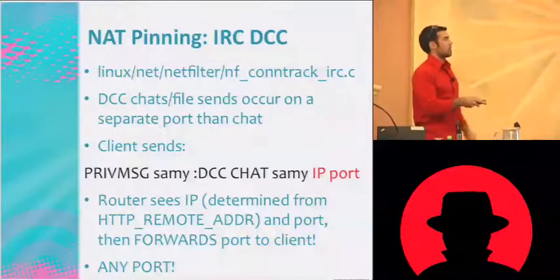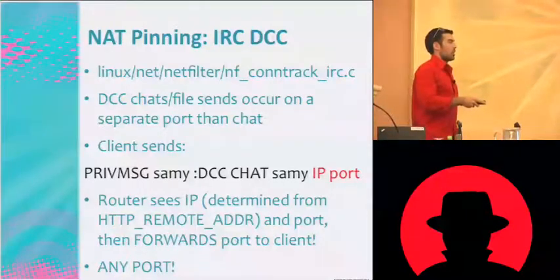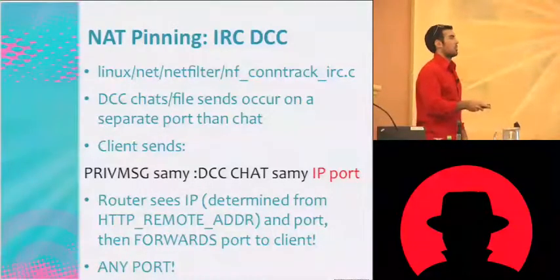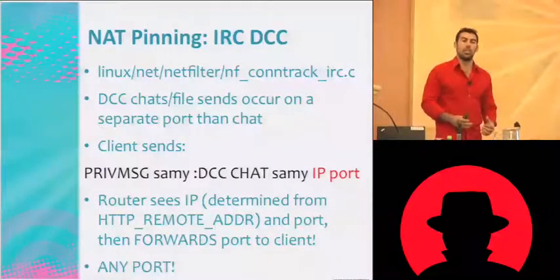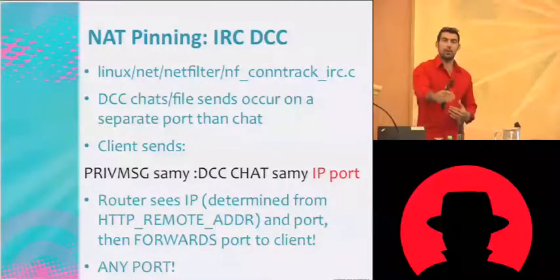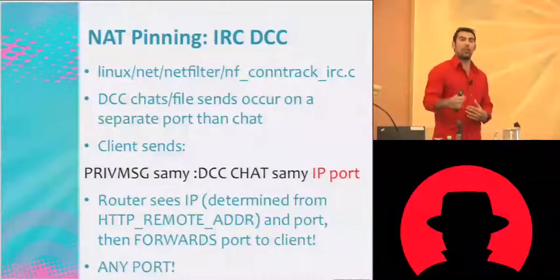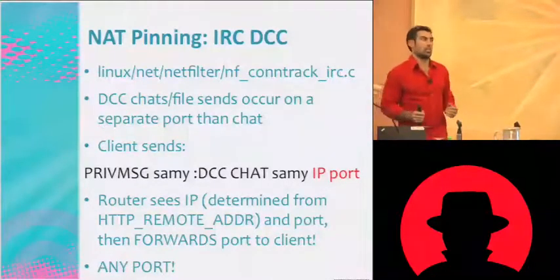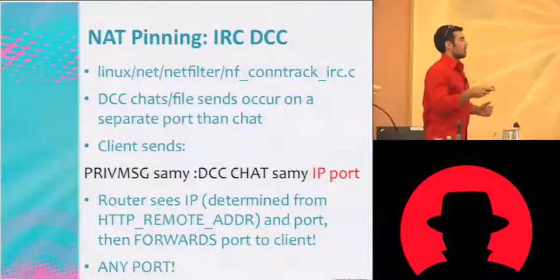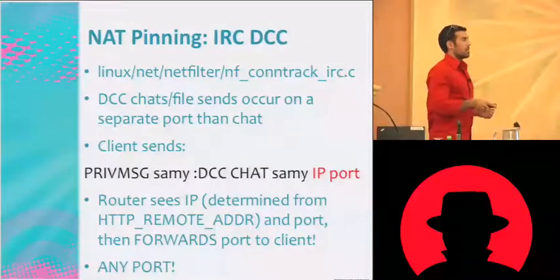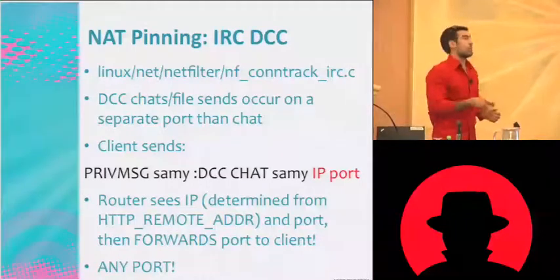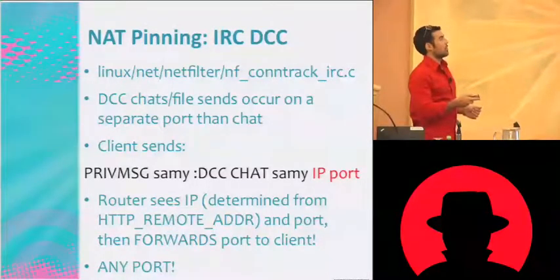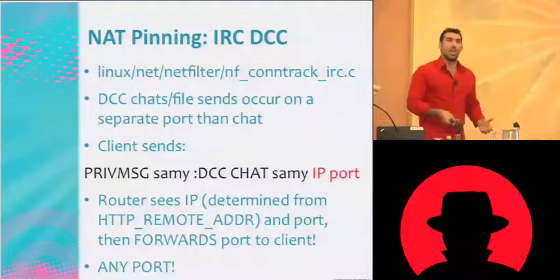The way DCC works is you say, I want to chat with this person, and I want them to connect back to me on this port. That's where I'm waiting for their direct connection. But if you're behind a router, your router is going to block that connection when that user comes back to connect, right? NATs, by default, will block incoming connections. So when routers now see this, and you can actually see some source code, for example, in Linux, if you take a look at this code right here, this will show you the connection tracking for IRC.